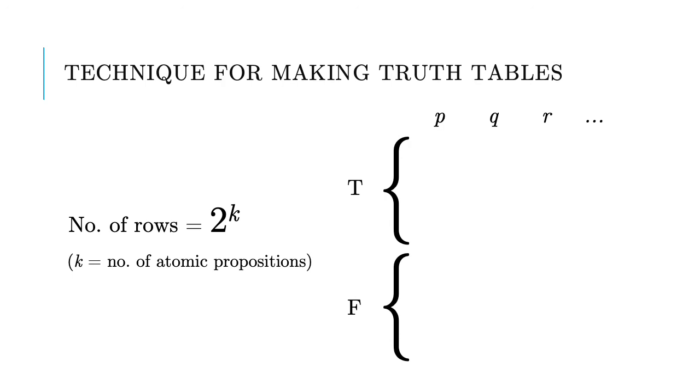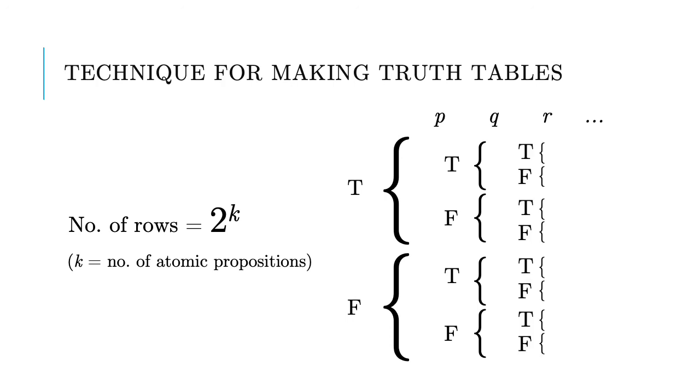Now, one way to build the truth table rather efficiently is simply to take the first atomic proposition, here P, and make the first half of its values true and the second half false. And for the next proposition, make the first half of that first half true and the second half false. And again, similarly, make the first half of the second half true and the second half of the second half false.